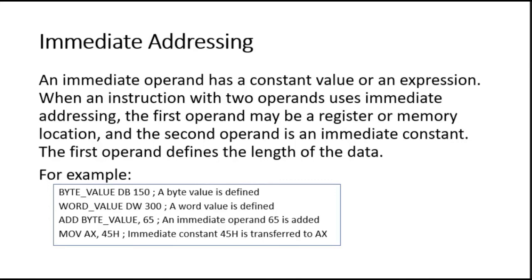If you look at the instruction here, MOV AX, 45H. 45H is a constant, and this constant is being moved into the register AX. Are you guys following? So that's what we talk about when we say immediate addressing. You have your constant moving into a particular memory location or a particular register.